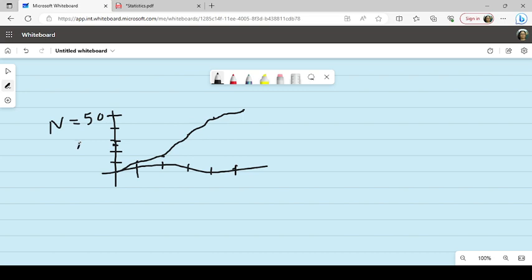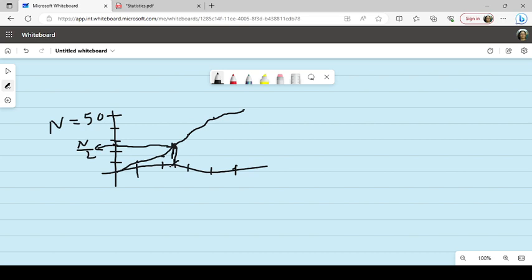Then parallel to this horizontal, we draw this line. It cuts the graph at this point. Then draw a vertical line down from here.